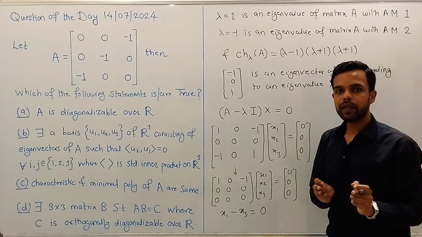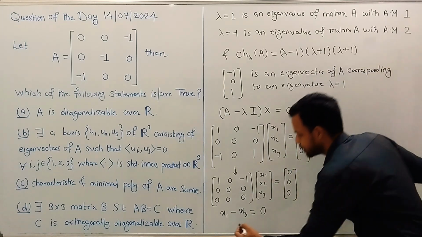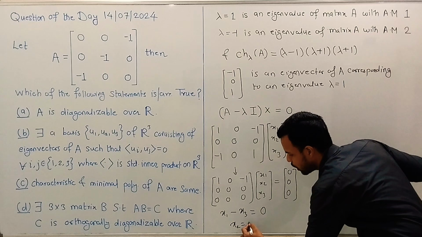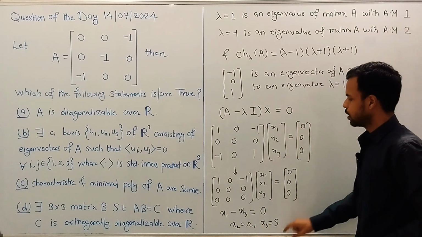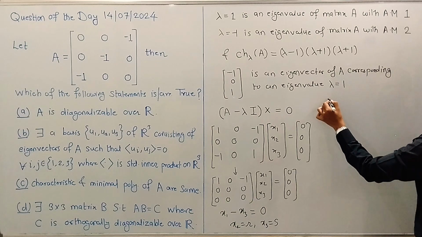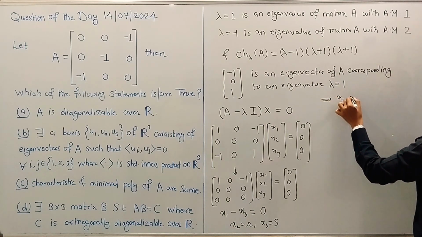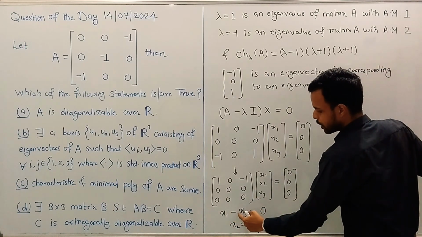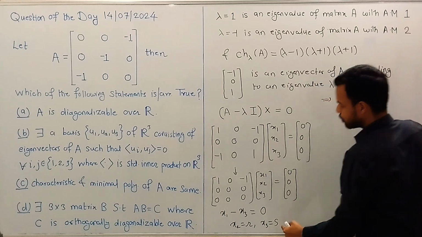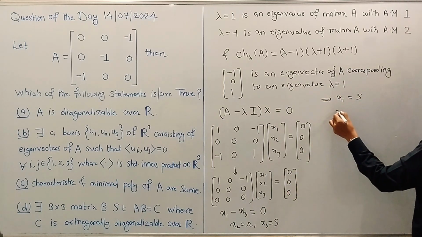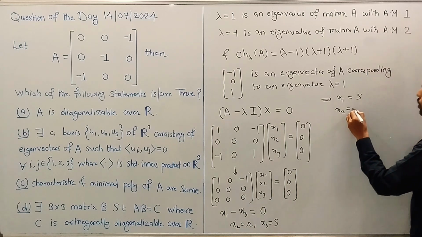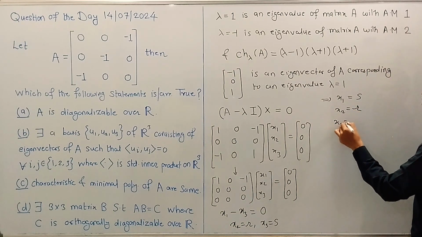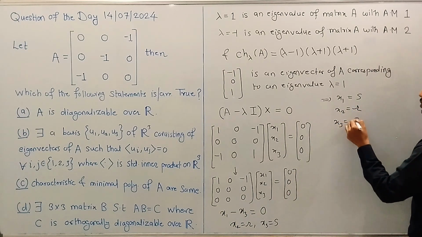So assigning the free variables arbitrary values, say x2 equals r and x3 equals s, this implies x1 equals x3, and x3 equals s. So x1 equals s, x2 equals r, and x3 equals s.